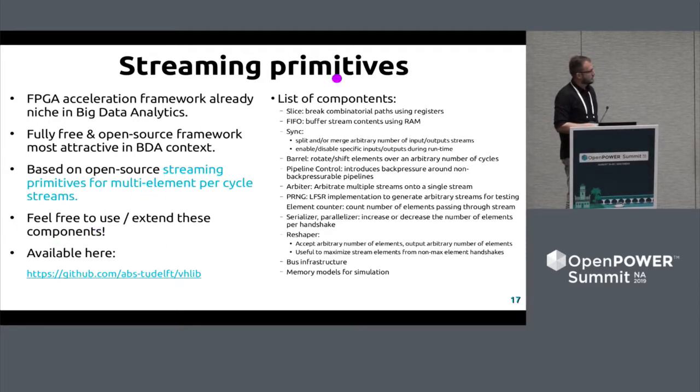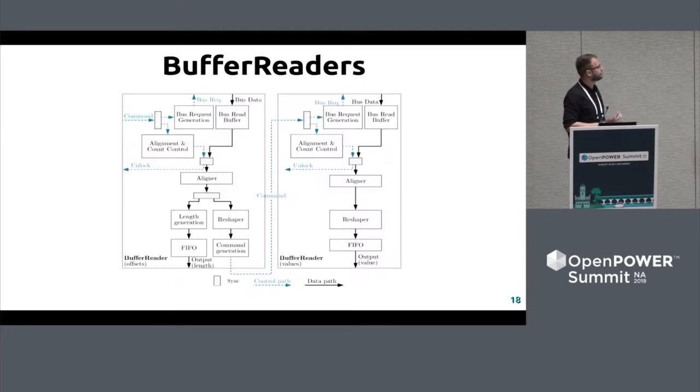So you can use these in any FPGA design, not only in our design, right? So we published this library as well. I'm not going to go over all the components, but they can do a lot of advanced stuff with the streams to make sure that we can maximize the throughput, that we can get multiple elements per cycle and stuff like that.